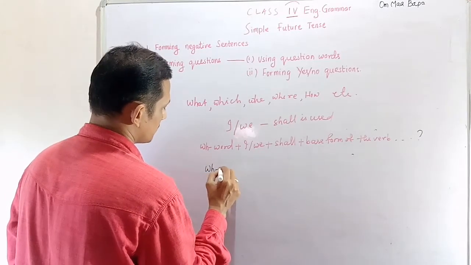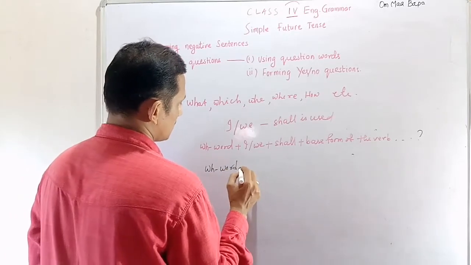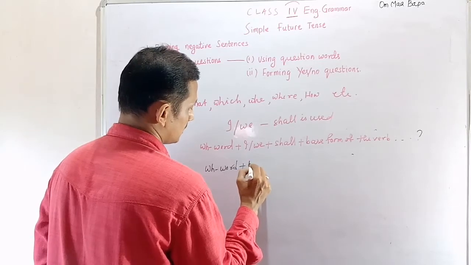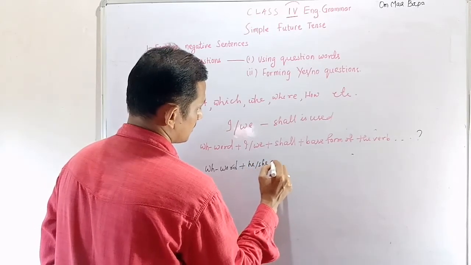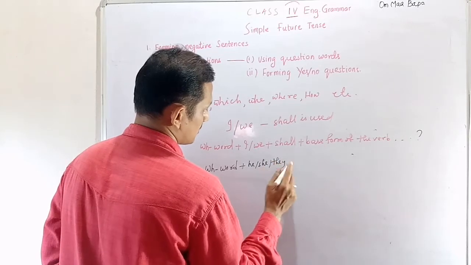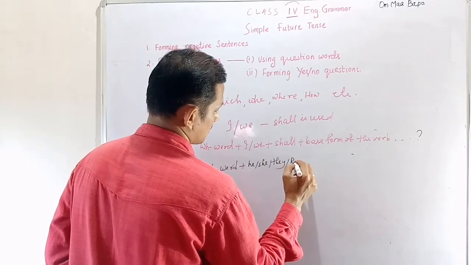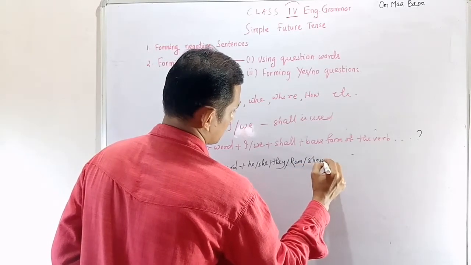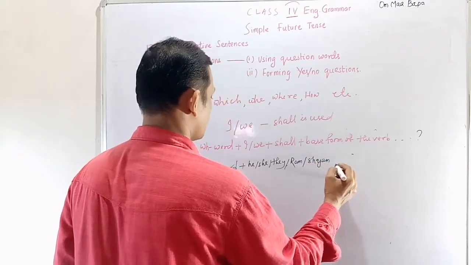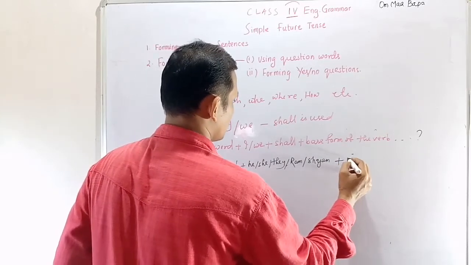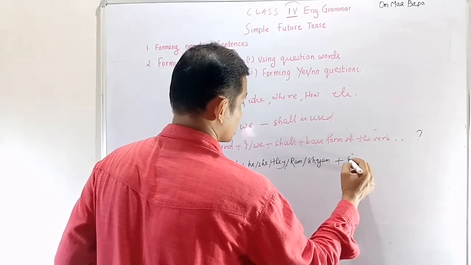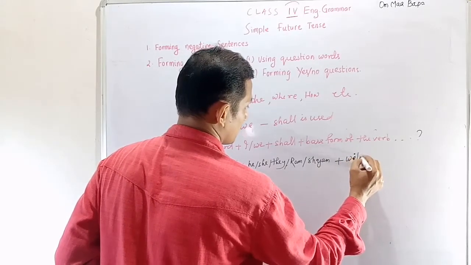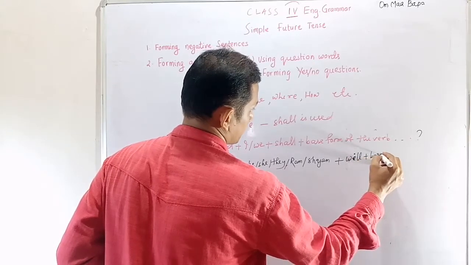First the WH word, plus except I or we, that means he, she, they, any name, Ram, Shyam, Ram and Shyam. Then we use will, then the base form of the verb.